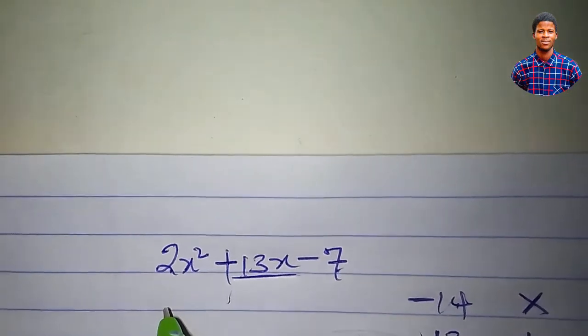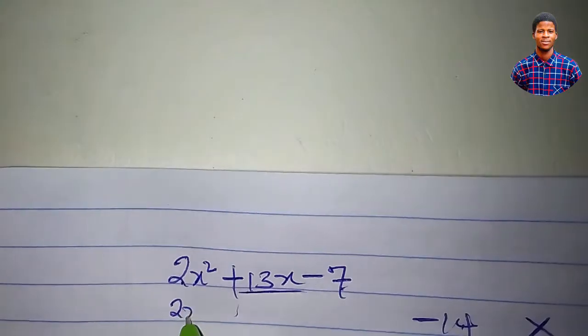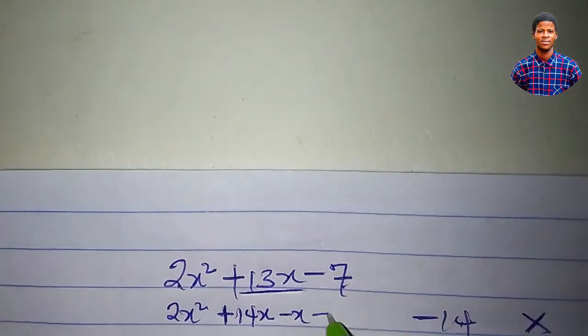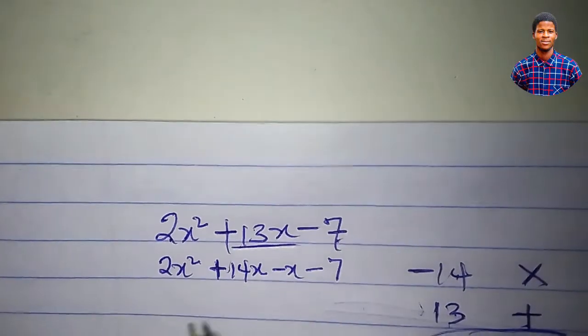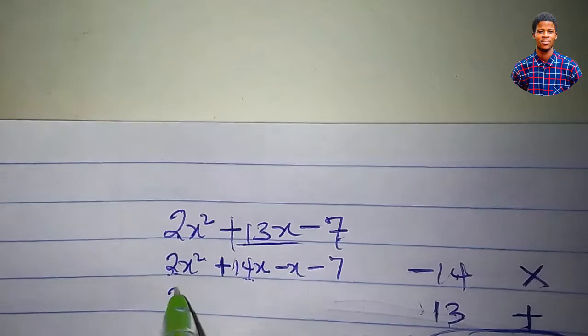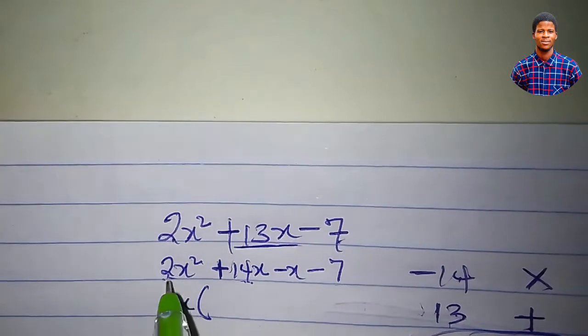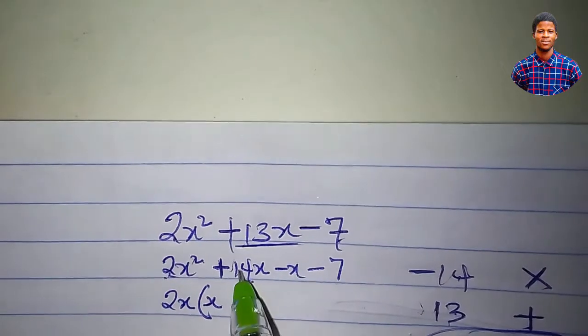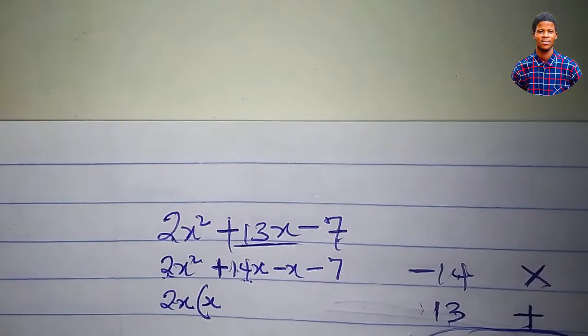So we have 2x squared plus 14x minus x minus 7. Good. Let's group. What's common to these first two terms is 2x. 2x squared divided by 2x is x. 14x divided by 2x is 7.